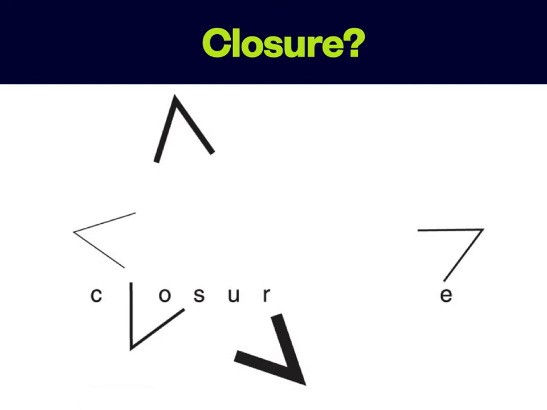Let's take a look at this example of closure. So as you can see, the E is way far away from the rest of the star, and the angle of the star point is a little bit lower than it should be.